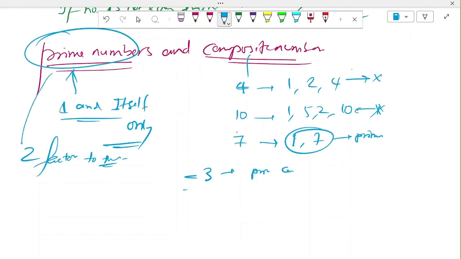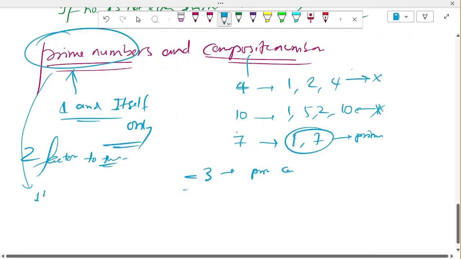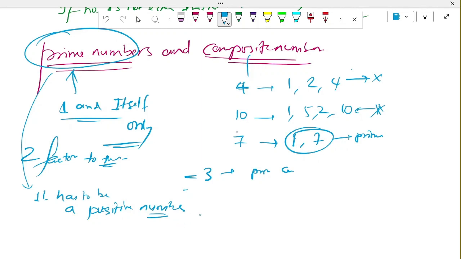If you are checking for prime, it has to be a positive number. So you will write a condition while writing a prime number program. If number is less than 0 or 1, return minus 1.